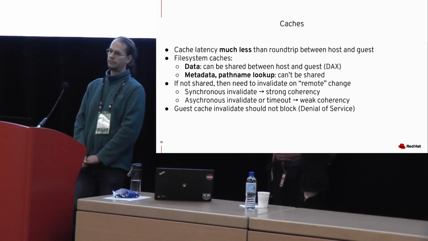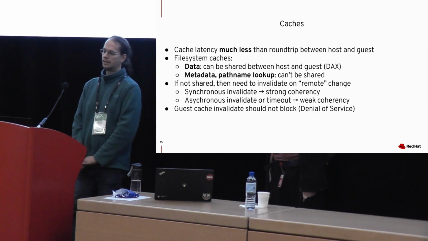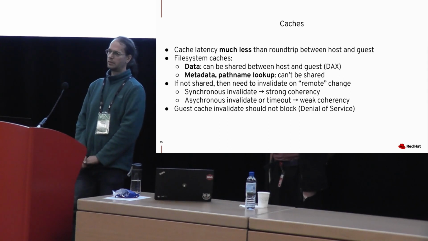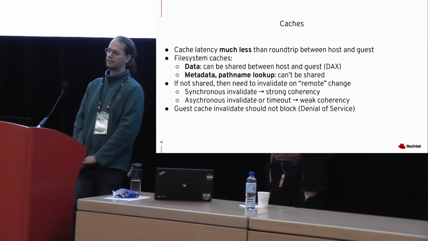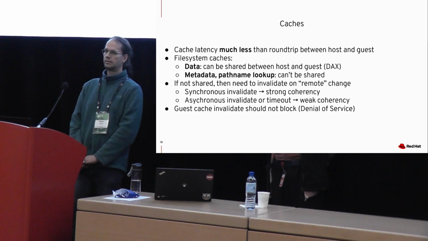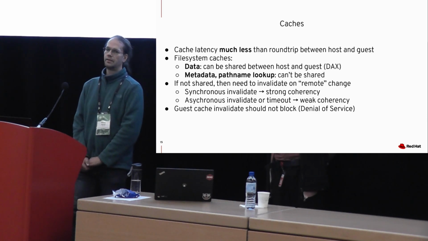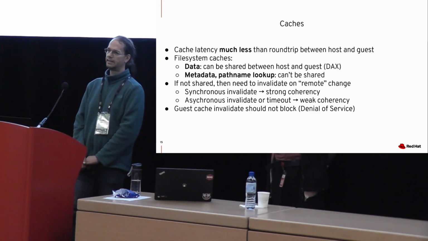So if an operation that changes a directory or some metadata on a file only finishes when all instances of the caches have been invalidated, then we can provide strong coherency between all the guests and the host file system. If we can only provide asynchronous invalidation, then that will be weak coherency. It doesn't guarantee that changes are seen from all guests at the same time.